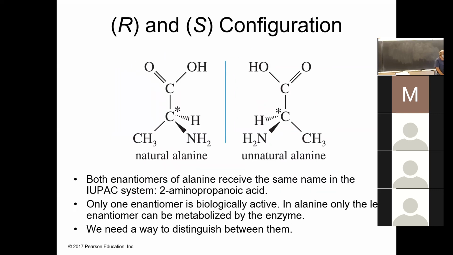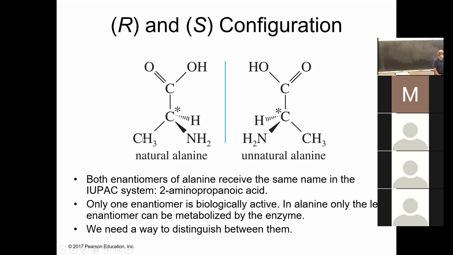We talked about how to determine R and S configuration. We identify the 4 groups, and then we prioritize based on the first atom that's connected, based on atomic number. In the case of a tie, here we have carbon and carbon, we go out to the next one.